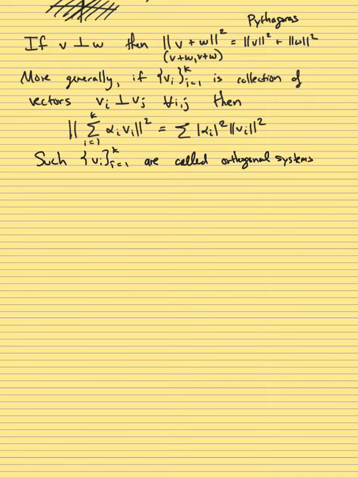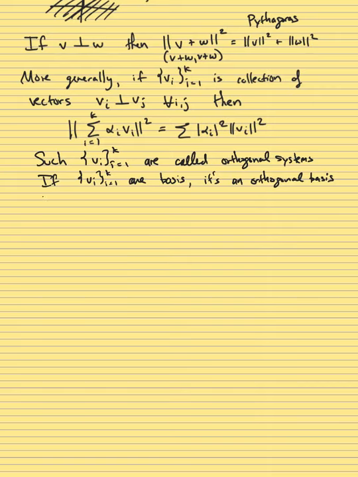We'll be most interested when the v_i form a basis. If the v_i as above are a basis, then it's an orthogonal basis. The best example is, of course, the standard coordinate vectors in Rn.